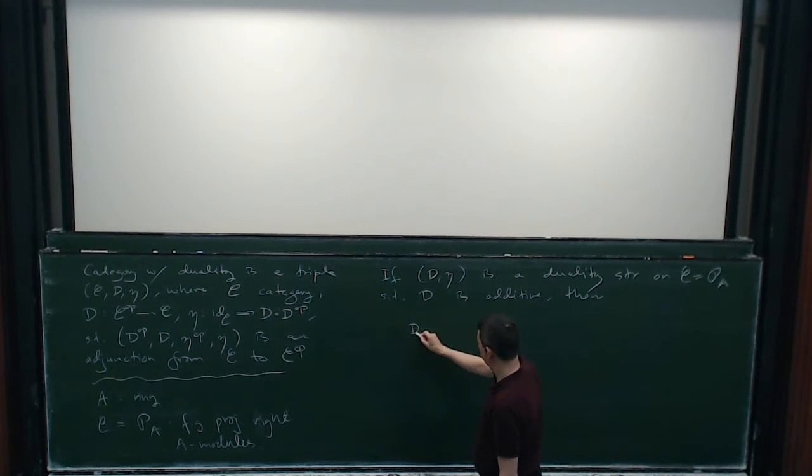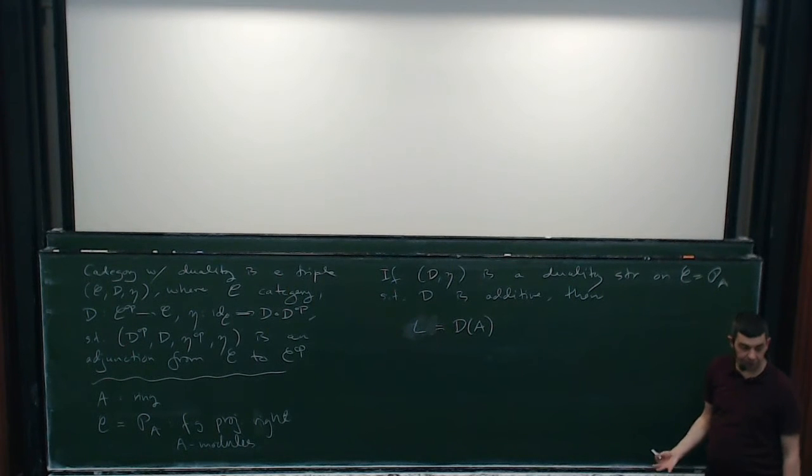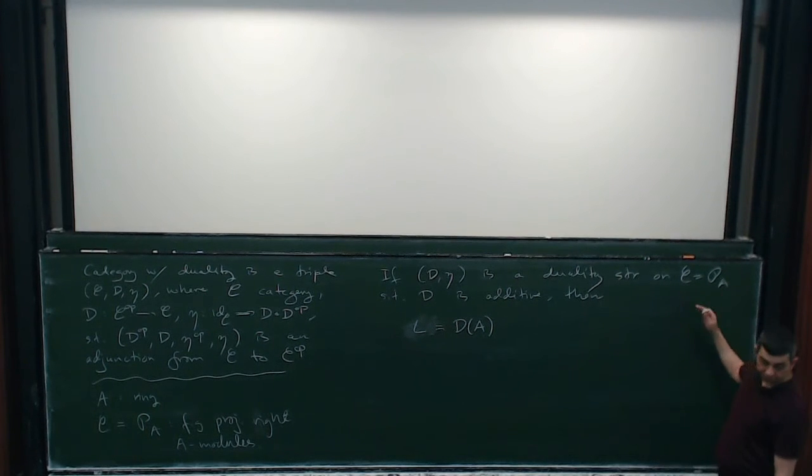Well, we can evaluate D on the free module of rank 1. Then this is now an object in this category, and therefore it has a right A module structure.